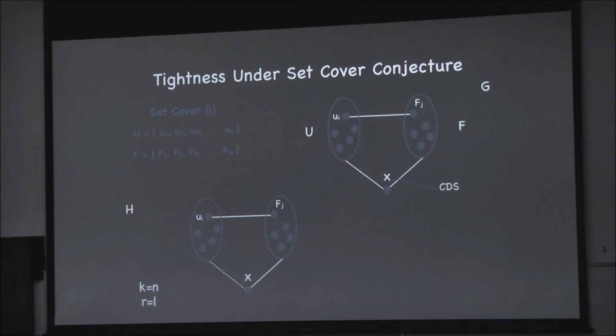Now it's easy to see that the set cover instance has a set cover of size l if and only if H has a dominating set of Hamming distance l from X. Alright, so if we have a better than 2^k algorithm for dynamic dominating set, that will essentially mean a better than 2^n algorithm for set cover, which is unlikely under the set cover conjecture. Okay.